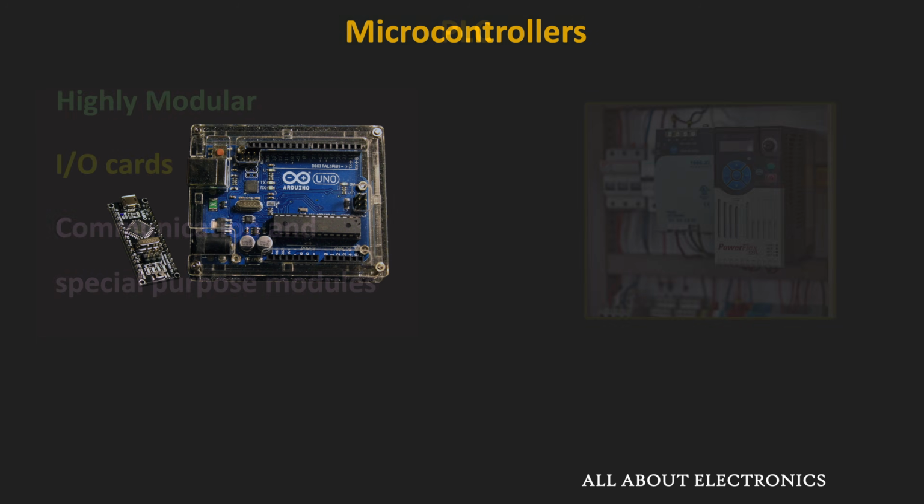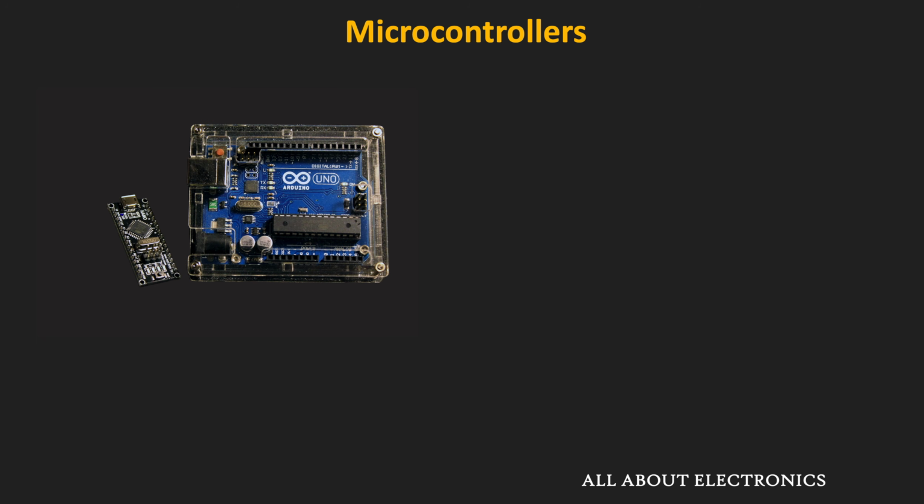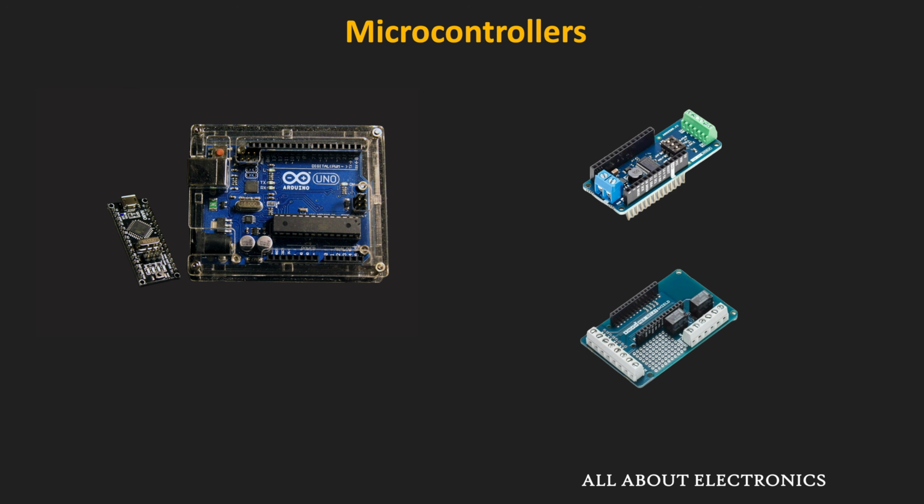On the other hand, in the microcontrollers, all these different blocks are integrated in the single chip. So once the microcontroller is selected, then typically it is not possible to add additional features in the same chip or the board. But using an additional chip or additional shields, it is possible to add some features to the existing board.